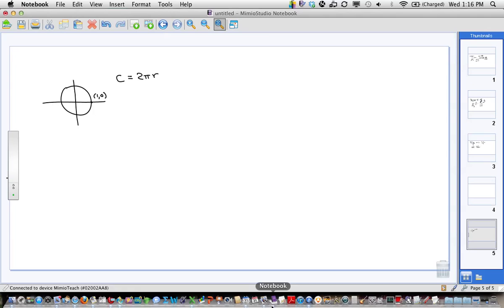If you're talking about a radius of 1, what's the circumference? 2 pi. So on the unit circle, the distance around is 2 pi. That's why we say that 2 pi is equal to 360 degrees, or pi is equal to 180. It comes from circumference.